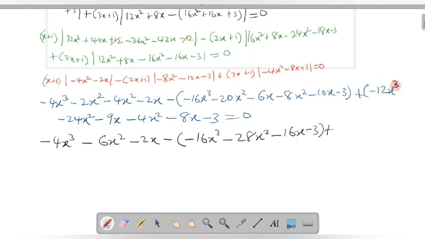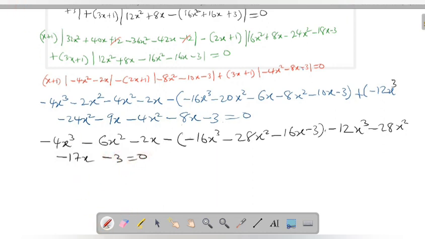Since we can distribute the sign through, I can just remove this and work out the sign straight: plus times minus retains minus. Now let's collect like terms. Minus 24x squared minus 4x squared gives us minus 28x squared. Then the terms in x: minus 9x minus 8x gives us minus 17x, and we are left with minus 3 equal to 0.